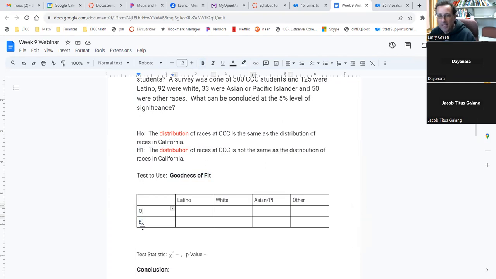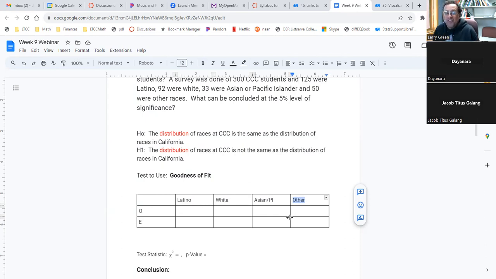I usually use O and E, O for observed, E for expected, and that's standard, by the way. For the columns, in this case, it is all the different possible answers to the survey question. The answers were Latino, white, Asian Pacific Islander, and other. Those were the answers that you could have. Any questions so far on the table?